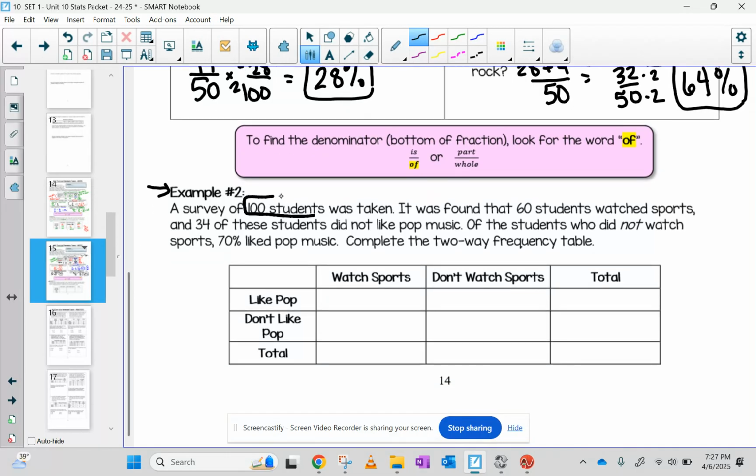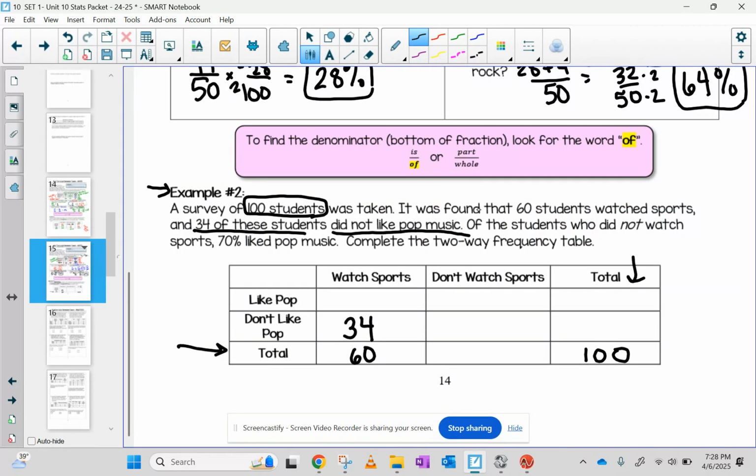A survey of 100 students. I like it when they give me the total. So they also gave rows for total and column for total over here. So there's 100. That means this bottom corner is all the 100 students. It was found that 60 students watched sports. And 34 of these students did not like pop music.